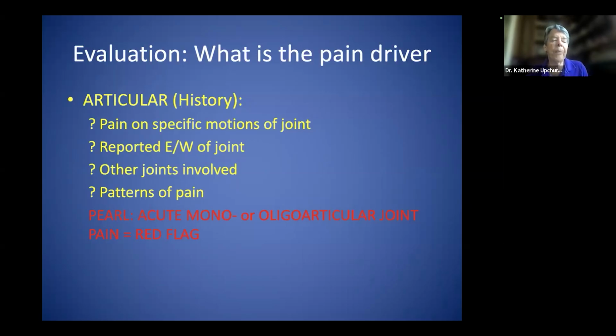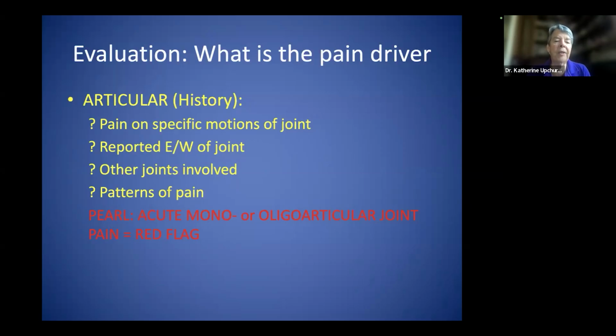And the other thing that it's important to establish historically is the pattern of pain. Is it continuous? Does it come and go? Is it acute? Has it been there for months? Now, along the way, I'm going to flag some things that are important for you to remember.